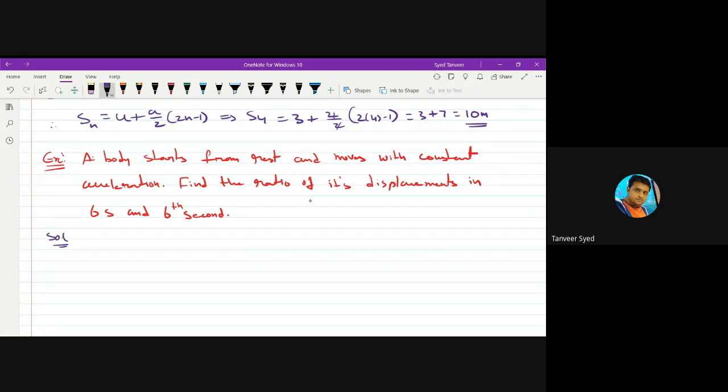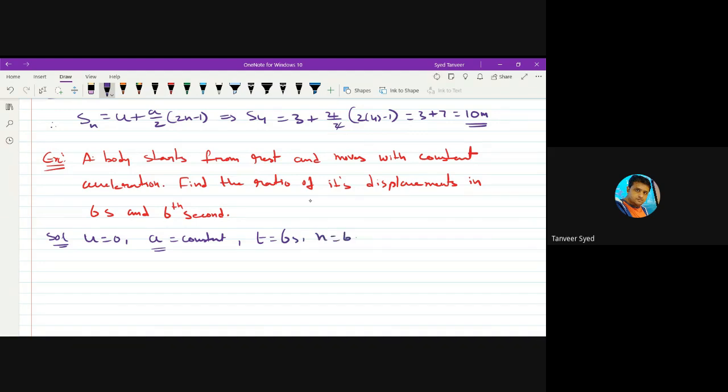What is given? Body starts from rest, u equal to 0. Moves with constant acceleration. A is some value, a equal to constant. Value is not given. Ratio of displacements in 6 seconds and 6th second. So t is 6 seconds and n is 6.